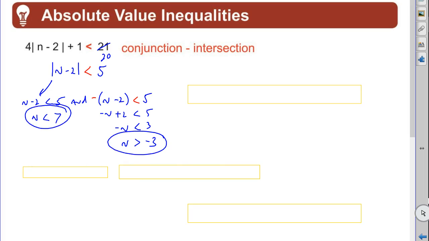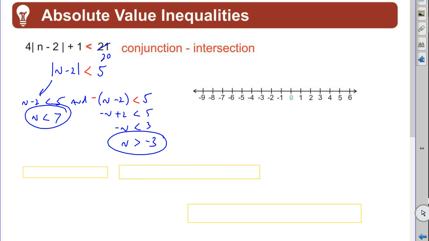Okay, so here are my two inequalities. Let's graph them and take a look at what that looks like. So n is less than 7: circle over the 7, arrow to the left. n greater than -3: circle over the -3, arrow to the right.